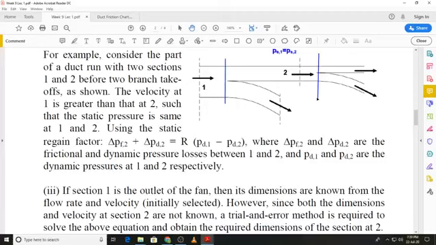That means as soon as we move from section 1 into this small part of the duct with a smaller area where we have the takeoff, and we have decreased the velocity from 8 meters per second to 7 meters per second, it will lead to a rise in the static pressure, and the static pressure will now become 59 pascals.